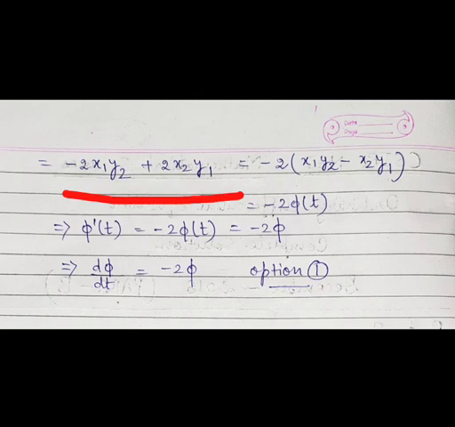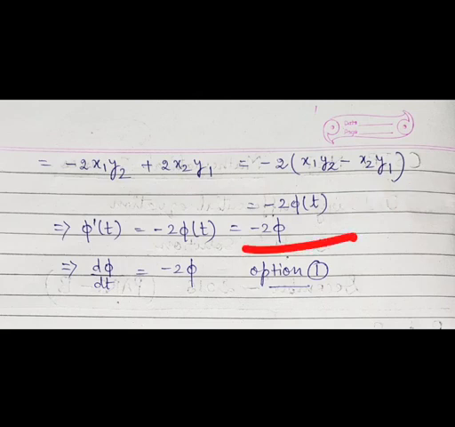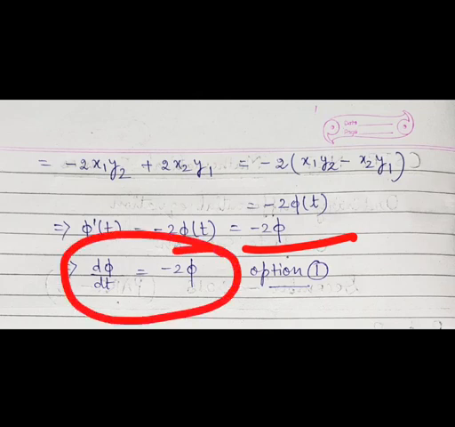On further solving we can take out -2 as common to get -2 (x1 y2 - x2 y1). Now this is the value of phi(t), so we get -2 phi(t), which can be written as -2 phi. So we have got the value of d phi/dt as -2 phi.